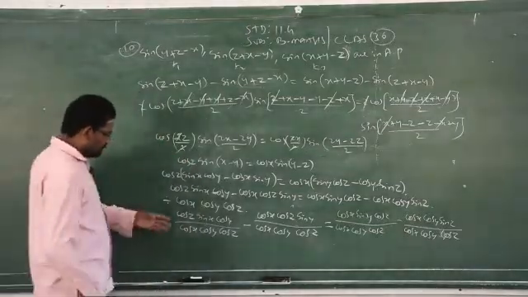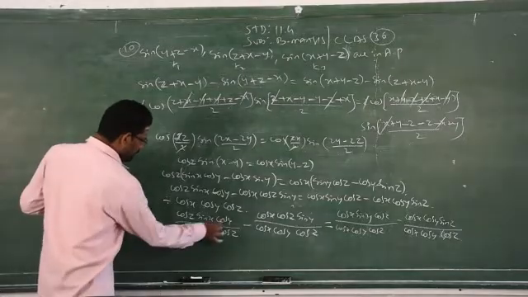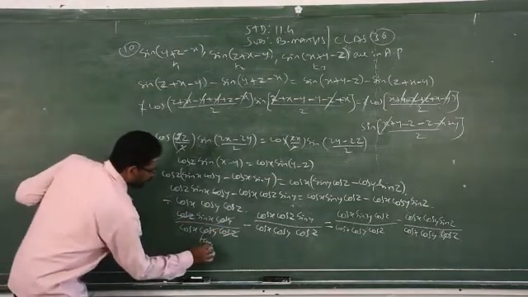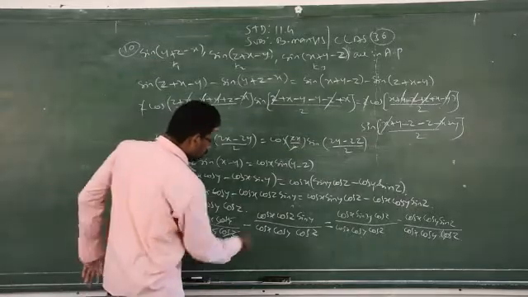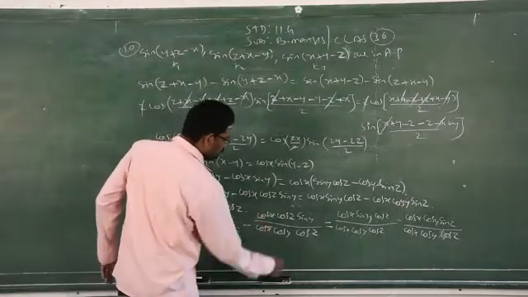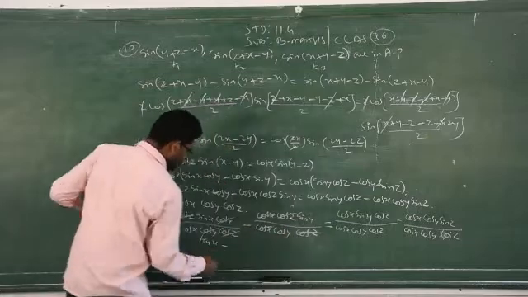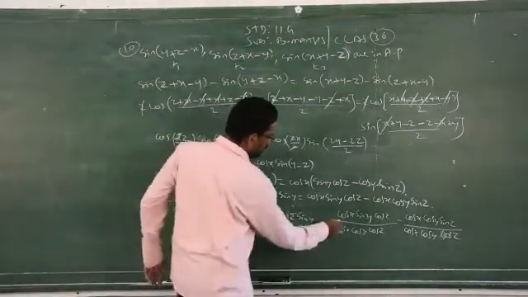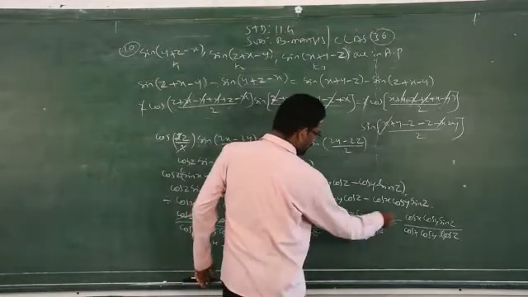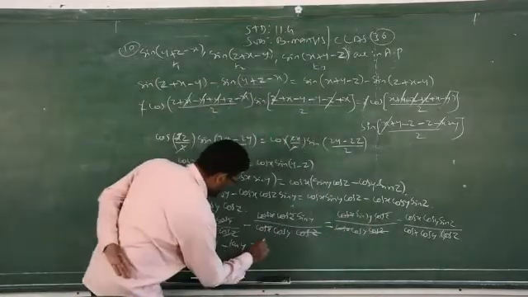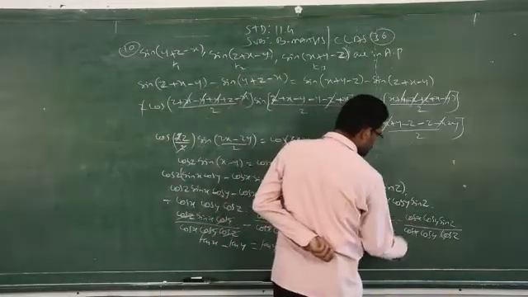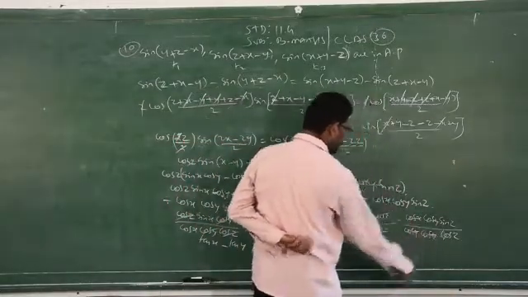Then you start to simplify: cos y, cos y, cos z, cos z cancel. So sin by cos is tan, minus tan, is equal to here cos x cos z cancel, sin by cos is tan, and cos x cos y cancel, sin by cos is tan.